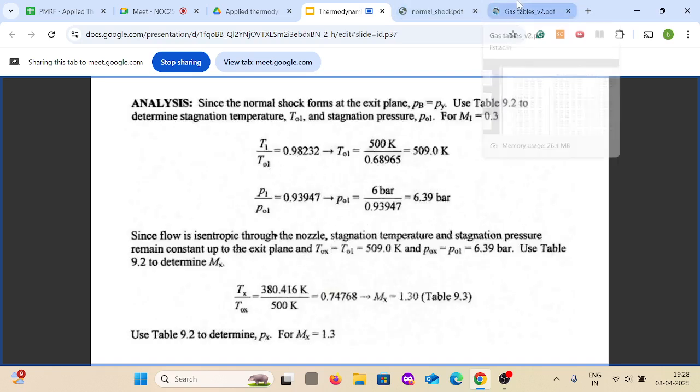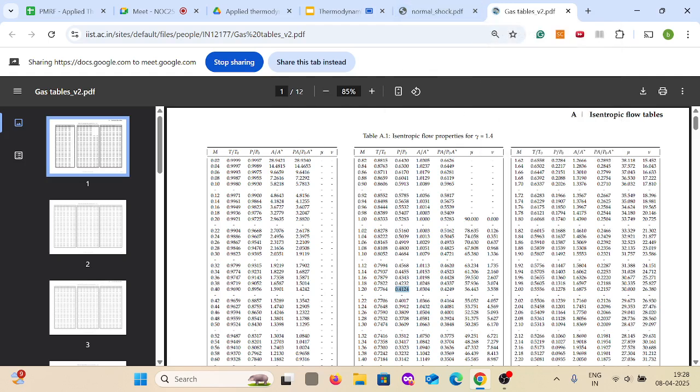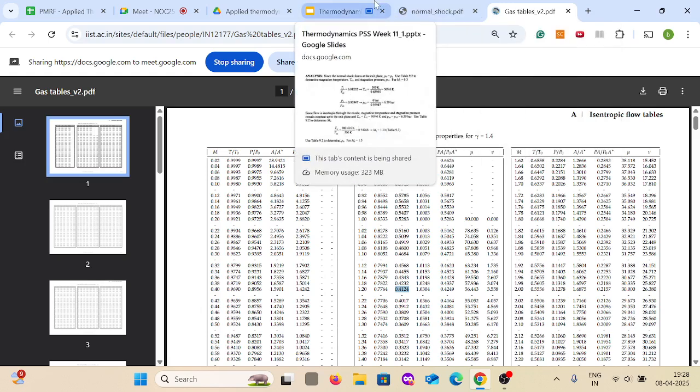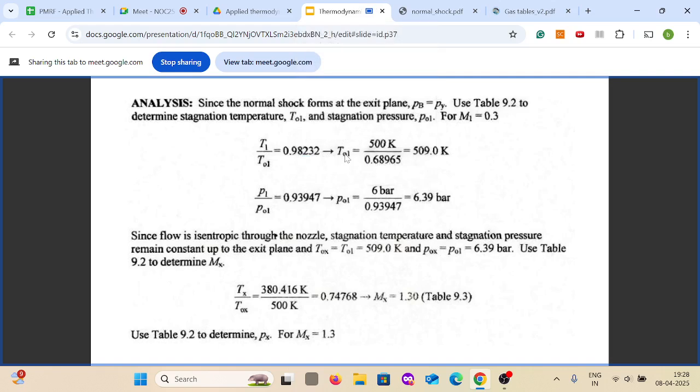From the isentropic table, for Mach number of 0.3, we get T by T0 as 0.9823, and then from there we get T01 is 500 by 0.98232, which gives you 509 Kelvin, and then P1 by P0 is 0.93947. So P0 is 6 by 0.93947. We get 6.39 bar, which is the stagnation pressure.